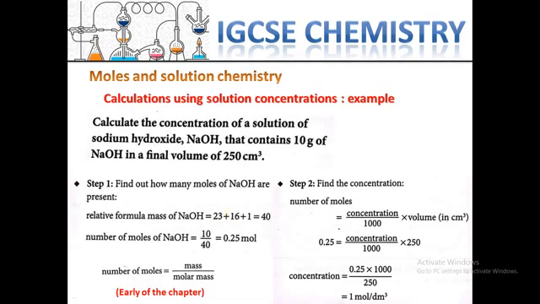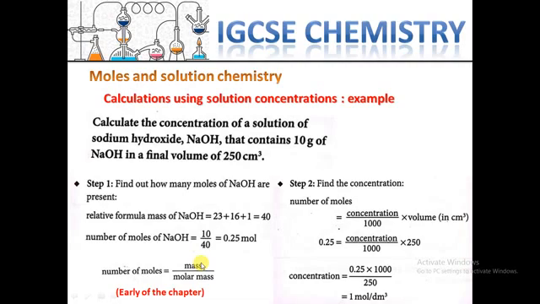We learned earlier in the chapter, reminding here again, number of moles equals mass divided by molar mass. Here we have a molar mass of 40, which we can calculate ourselves from the periodic table.